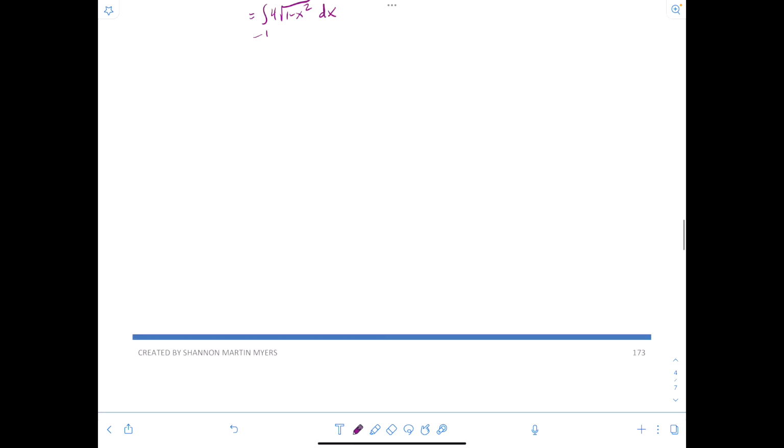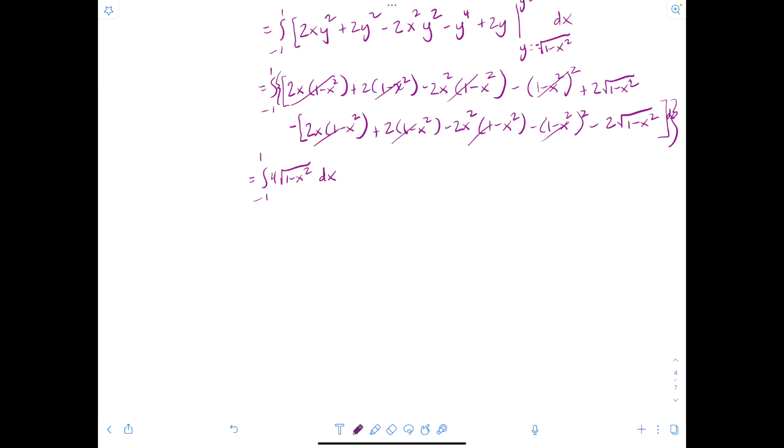Excellent. All right. And then, so we could do this next integral with trig substitution. But if we look at this definite integral right here, inside the integrand, once we take that 4 out, it's just the top half of a semicircle, right? If you were to draw it out.